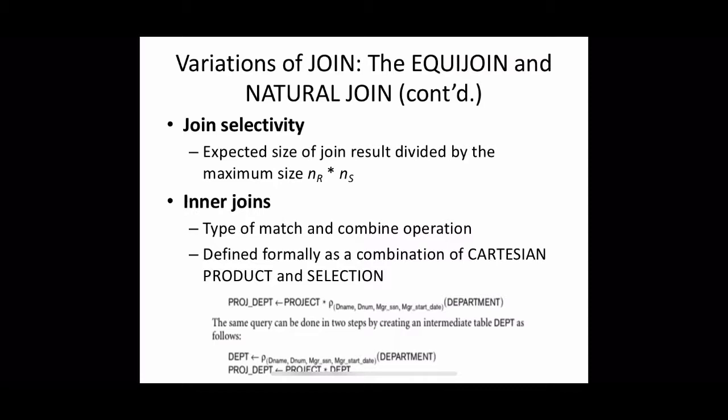But the attribute name is different in both relations. For example, in project the department number is denoted as dnum, whereas in department it is represented as dnumber. So either of the attribute names should be renamed.